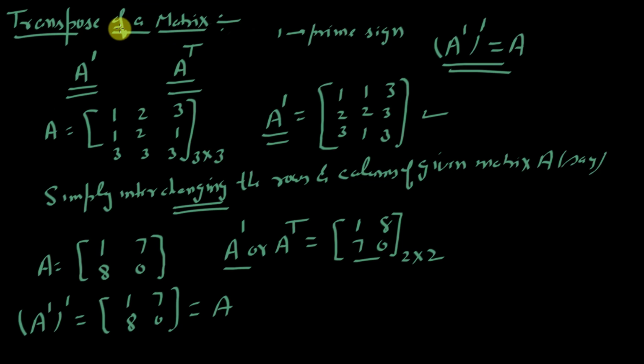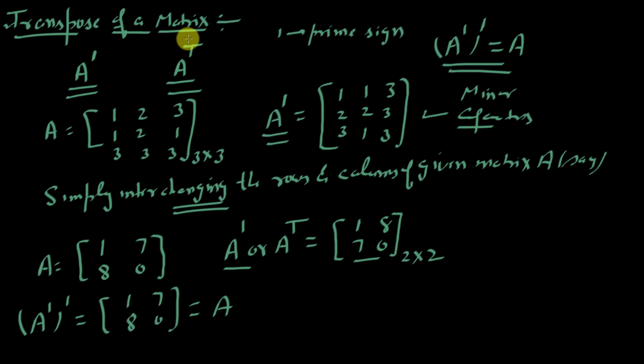So adjoint of a matrix we will be doing in the next video lecture, and I hope that in this video lecture you will be able to understand the procedure to find minor and cofactors of the elements of the matrix, and third one you will be able to understand what is the idea of a transpose of a matrix.